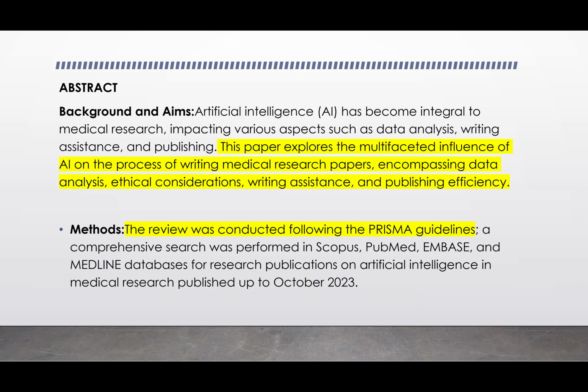The review was conducted following PRISMA guidelines. A comprehensive search was performed in Scopus, PubMed, Embase, and Medline databases for research publications on artificial intelligence in medical research, published up to October 2023.